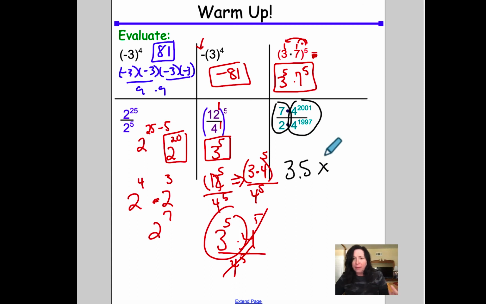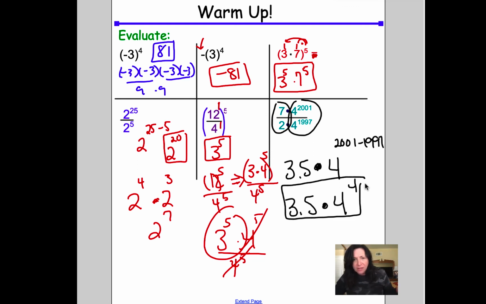You guys are used to the times, or put the dot there. That's way better. So 3.5 times 4, and then that's just 2001 minus 1997, and that's just 4. So this is going to be 3.5 times 4 to the 4th power, and then you just leave it. That's your answer.